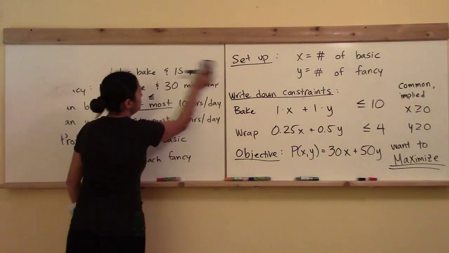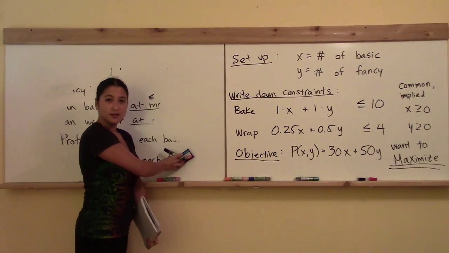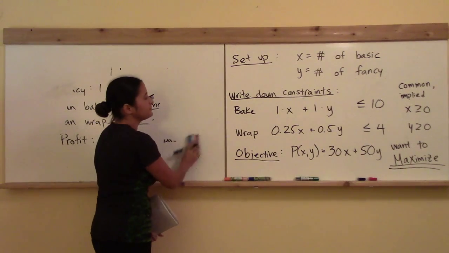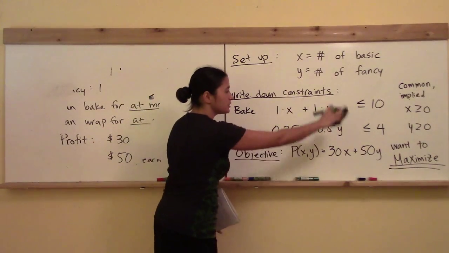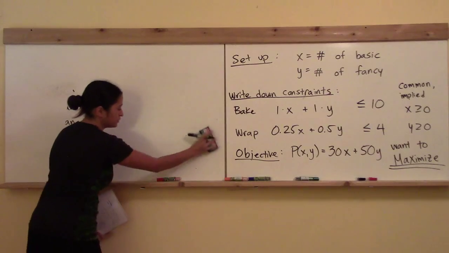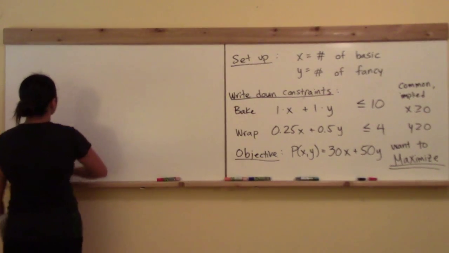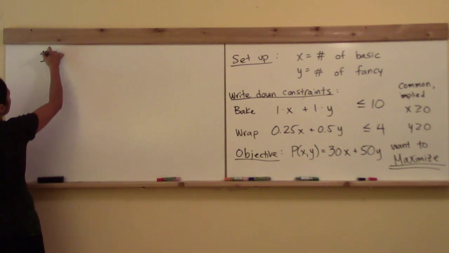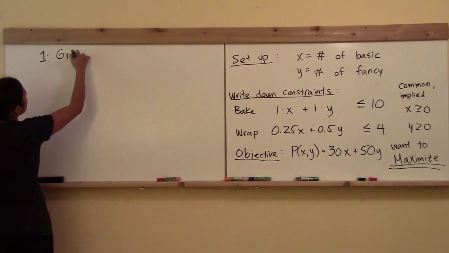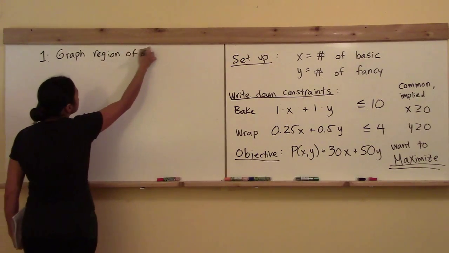Okay? Geez, do you know what the first step's going to be? Yeah, that's right. We're going to have to graph all these inequalities in the plane, and we're going to have to locate the corners. Okay? So step 1 is graphing the region of feasibility. Graph the region of feasibility.